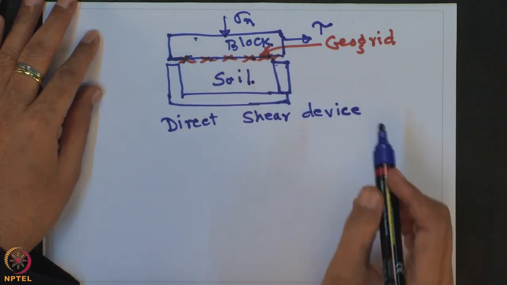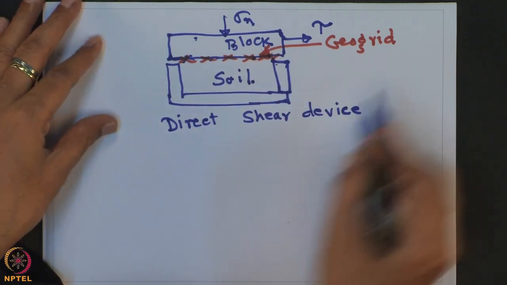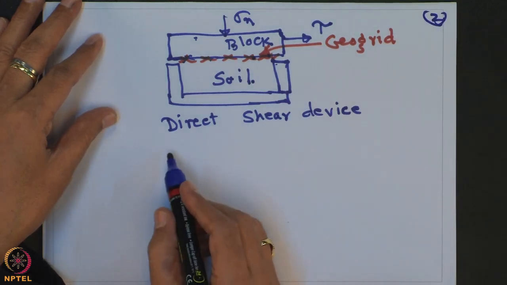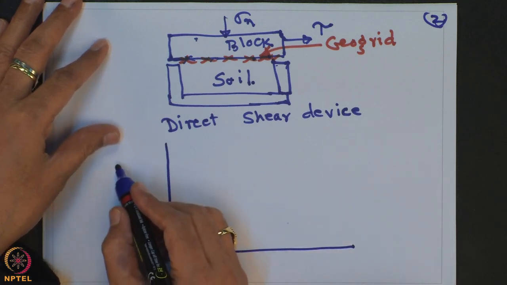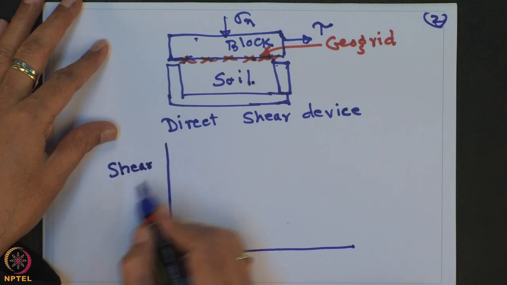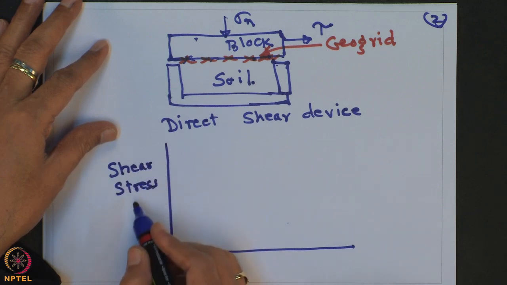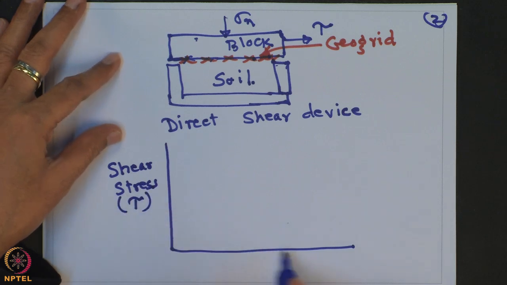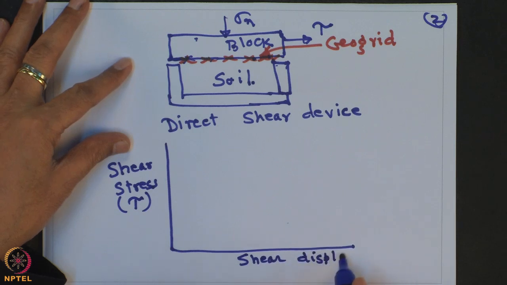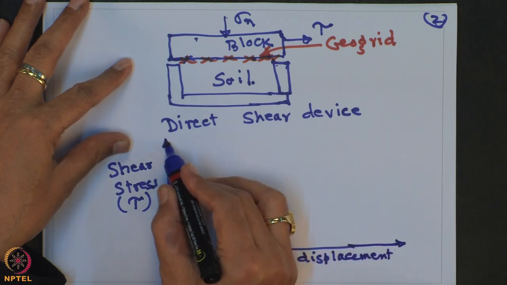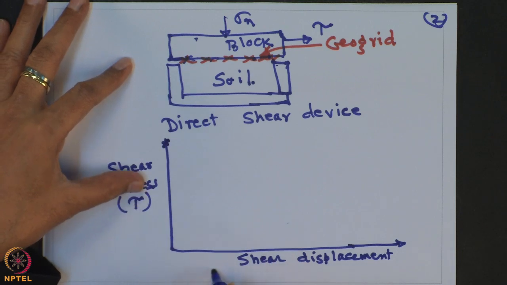So, from this direct shear test you can draw a correlation between the shear stress, designated as tau, and the shear displacement. So, this is the direct shear test data.